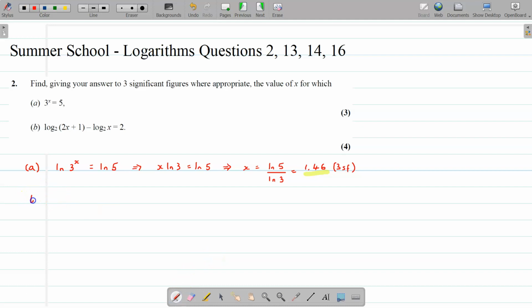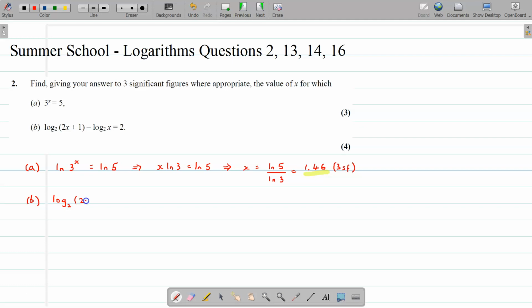Part B is an equation to solve to find x, and x appears in 2 places. The way I would write this out first is to recognize that 2 can be easily written as log to base 2 of 4. That makes it a lot easier to work with, because once you've got every term as a log in the same base, it's very easy to deal with.